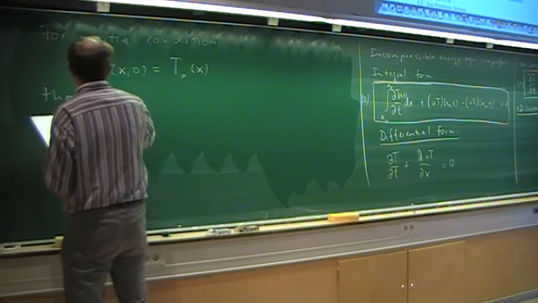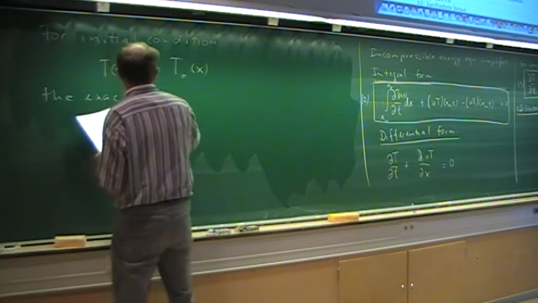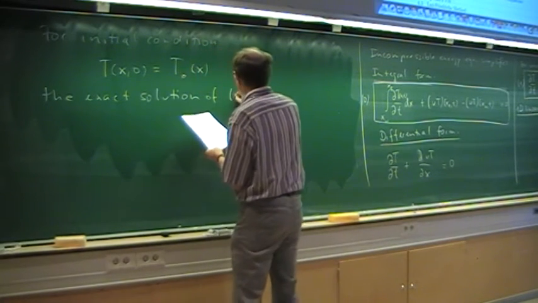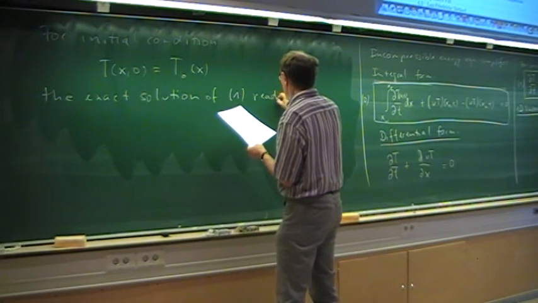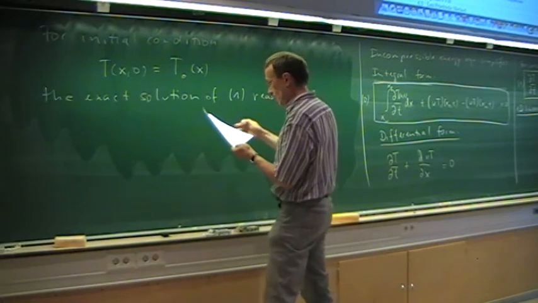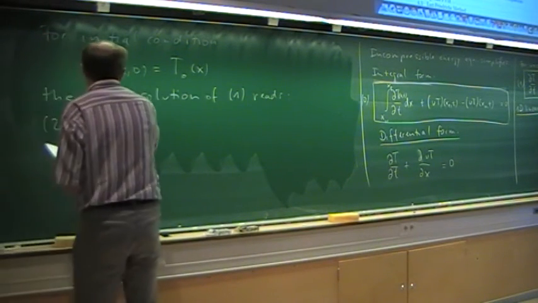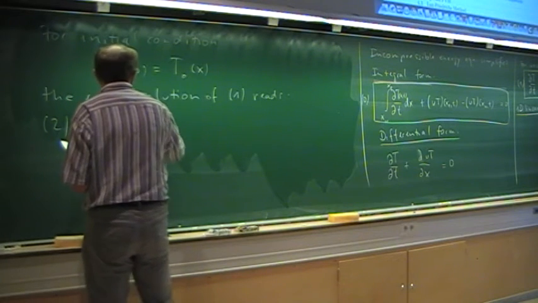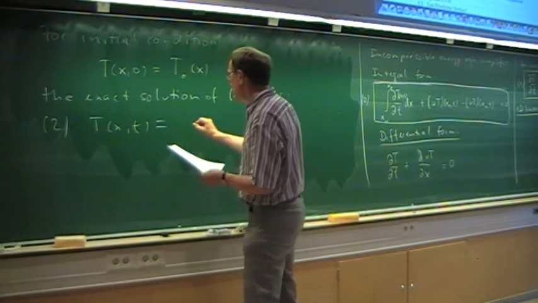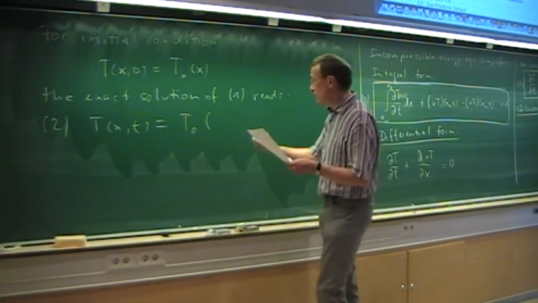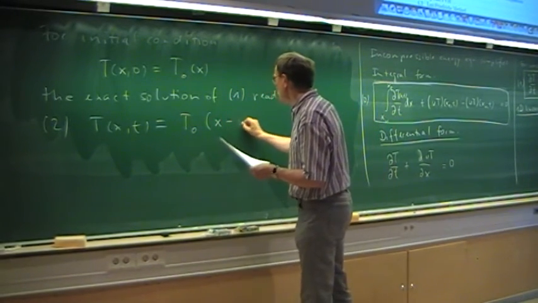The exact solution of the linear advection equation reads the following. That is good to know. And that is that T(x,t) is equal to the initial condition T0 evaluated at x minus ut.